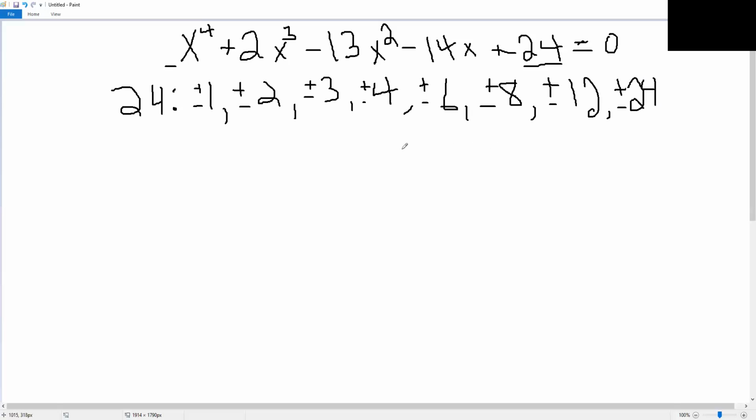All right, so these are the factors of the constant. Now let's find all the factors of the leading coefficient. It's so many of them. It's just 1.